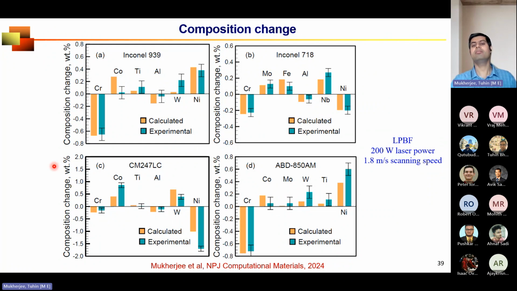You may say, okay, everything is evaporating, how is the composition increasing? That is because some elements are highly susceptible and changing so much, their composition change is negative, but to maintain that 100% weight, some elements need to increase in weight percentage.